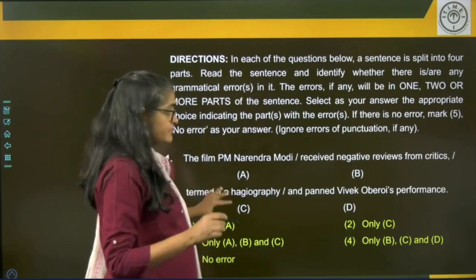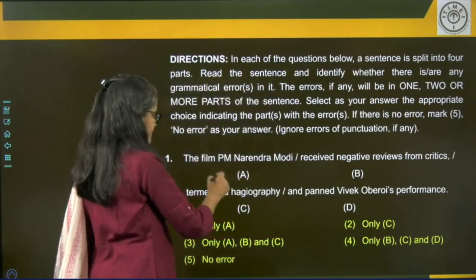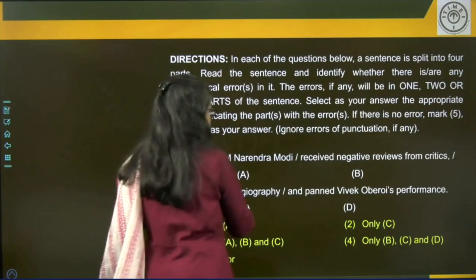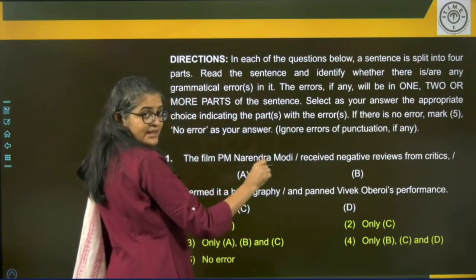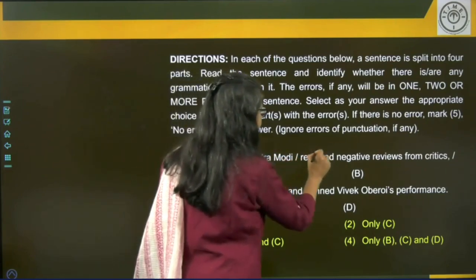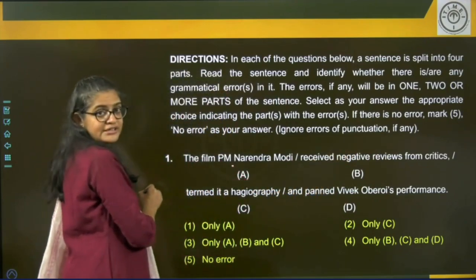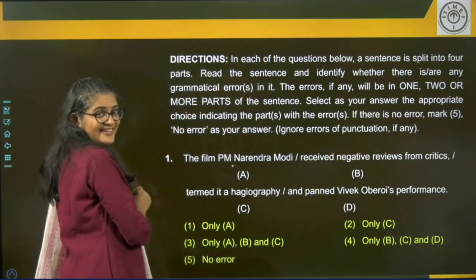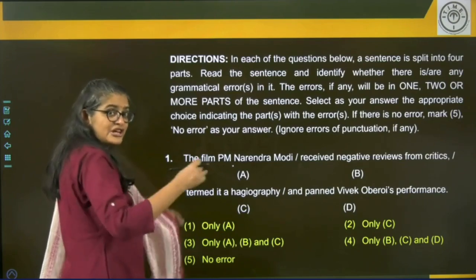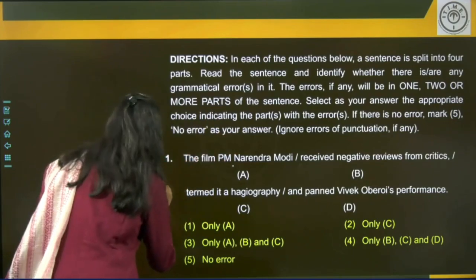If the meaning is that the critics termed it a hagiography, then you need to add something there to connect the two parts, right? The film PM Narendra Modi received negative reviews from critics. What is missing here is a relative pronoun that connects the two parts of the sentence.